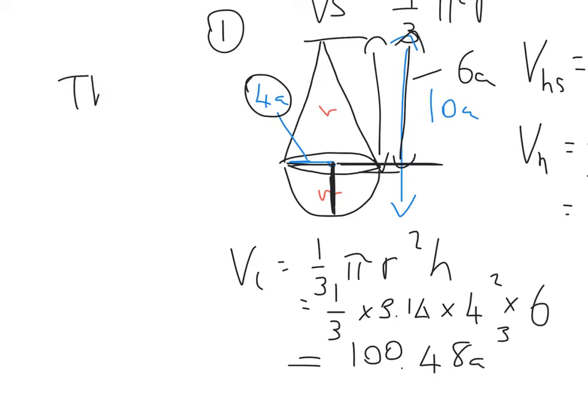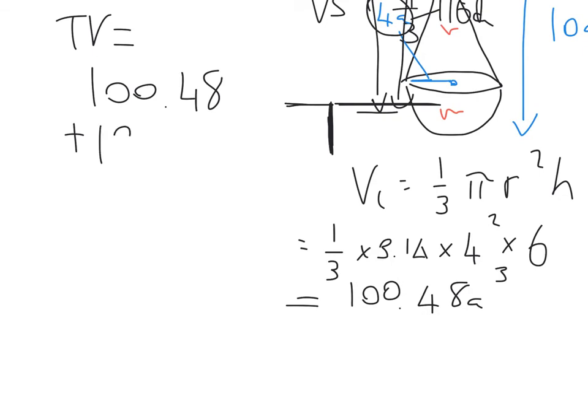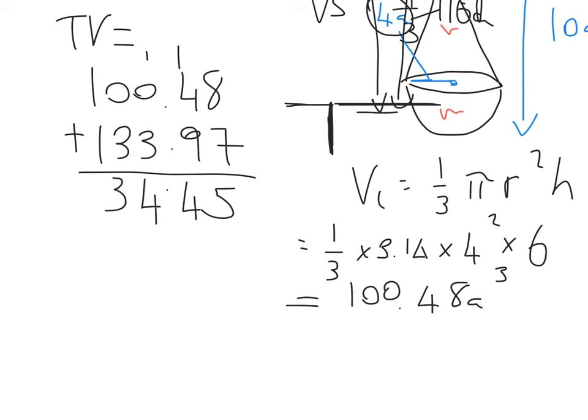To find the total volume, I then just add both of them together. So 100.48 plus 133.97. 8 plus 7 is 15, 5 down carry 1, 4 plus 9 is 13, plus 1 is 14, 4 down carry 1, that's 431, and 234.45 cubic centimetres.